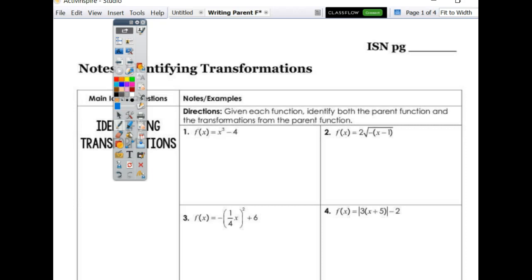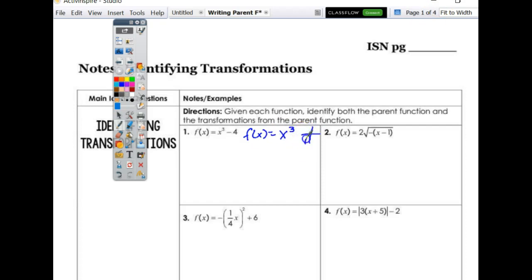So, starting on the blue notes. The first thing you have to do before you can even start this is you have to identify the parent function. So if I take away the numbers, what's the parent function here? It's the cubic.